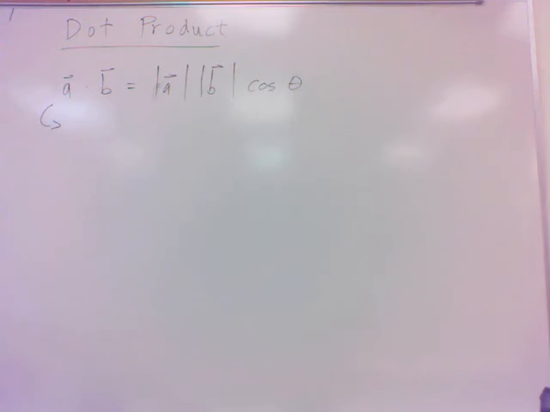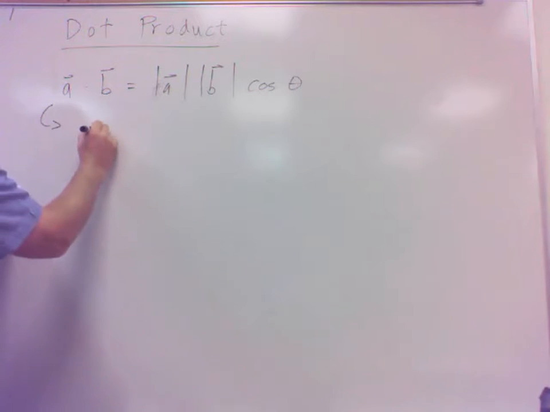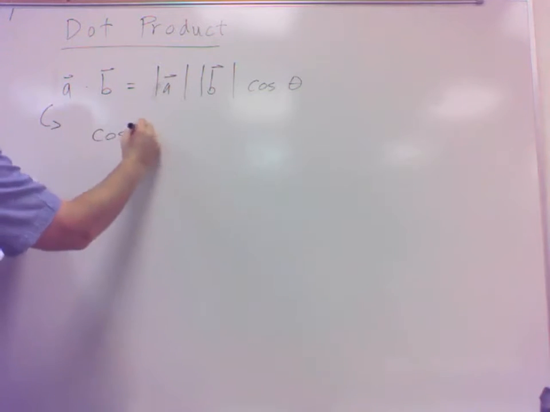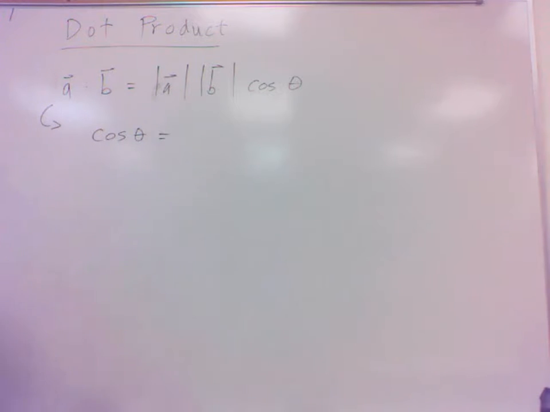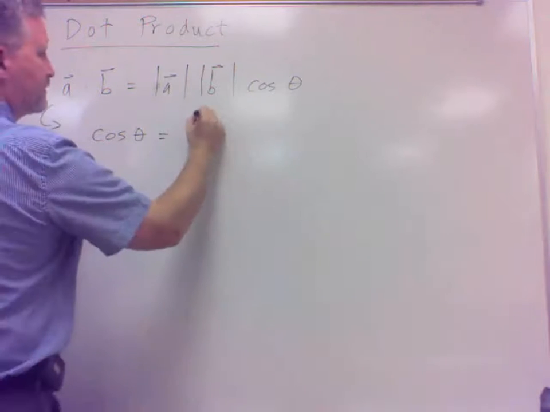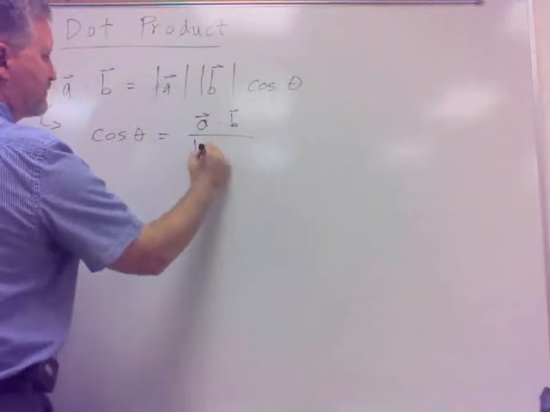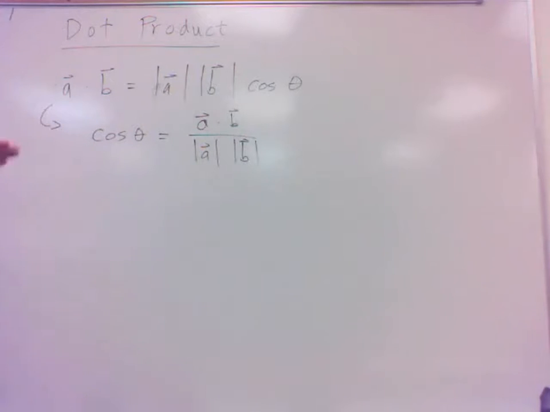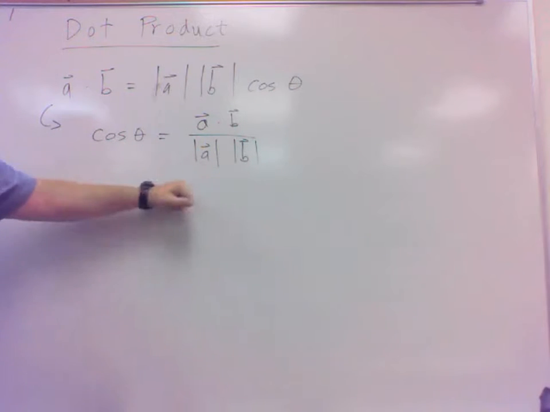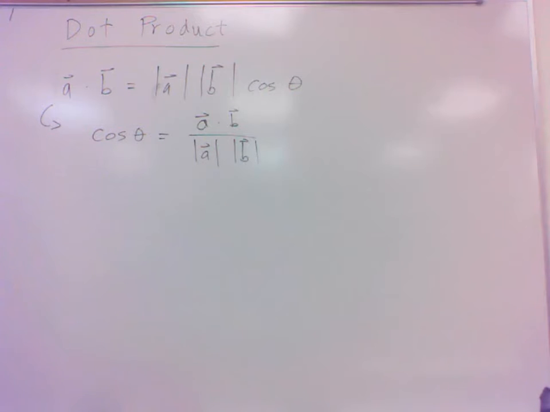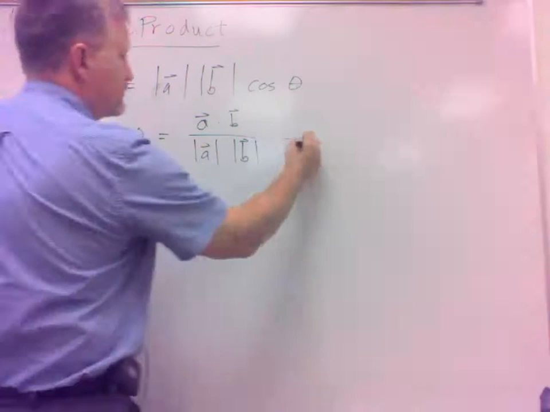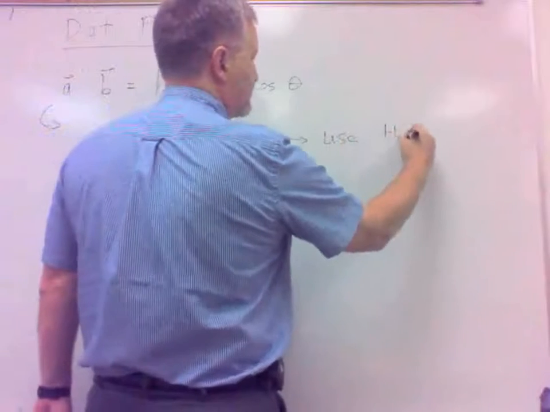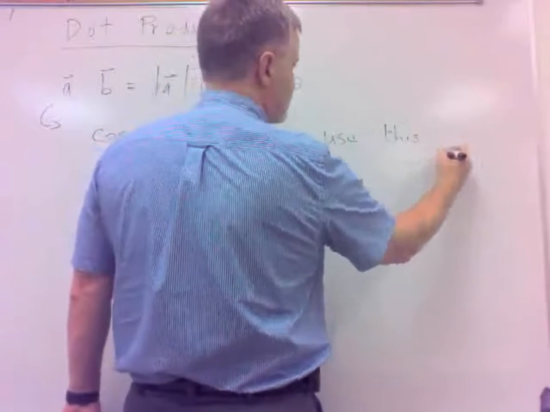Say we don't know the angle. Couldn't we just solve that for cosine theta? We could use that to find A dot B over the product of the magnitudes. So we get the dot product, we get the magnitudes of those vectors, and then use our inverse cosine. So we can use this to find the angle between two vectors.